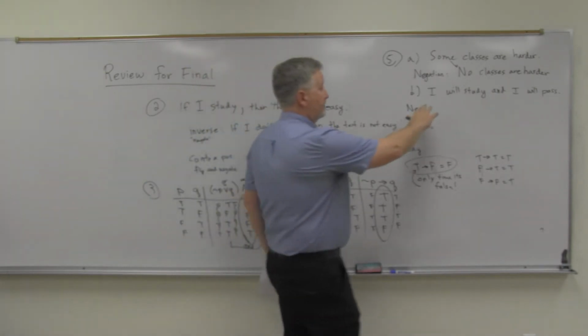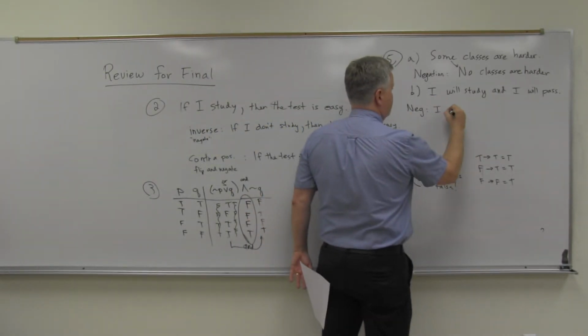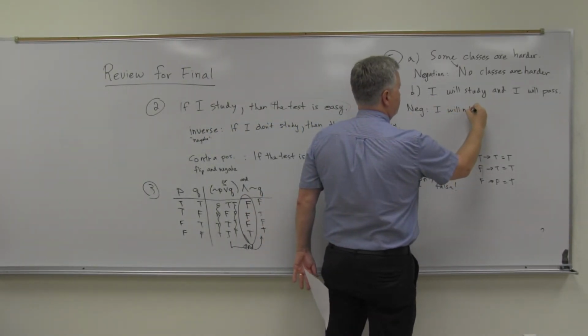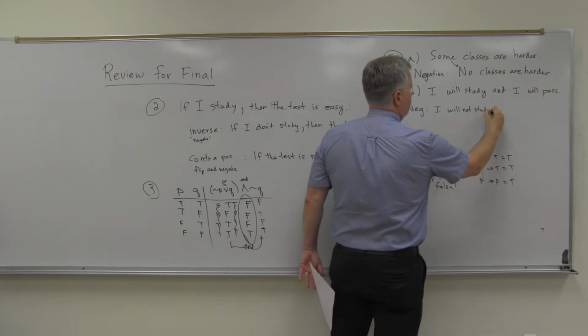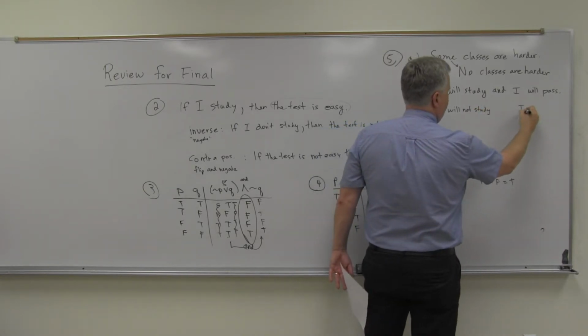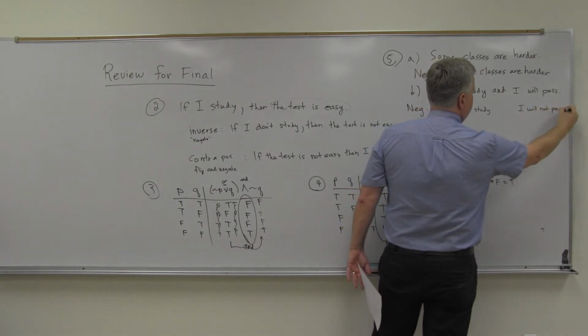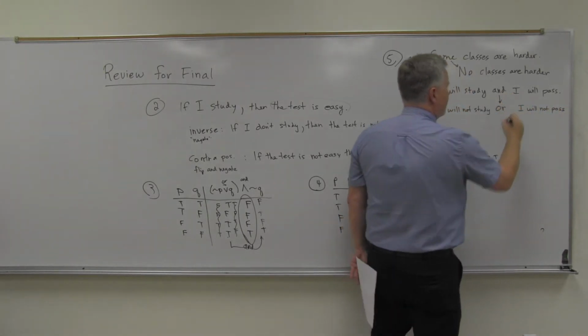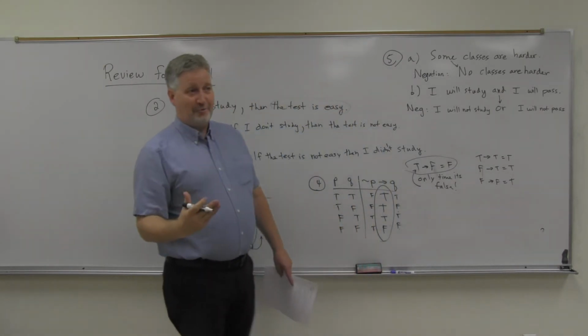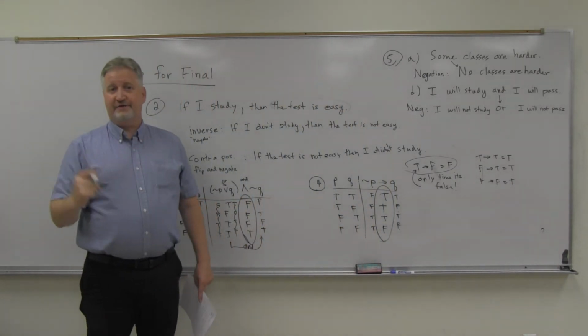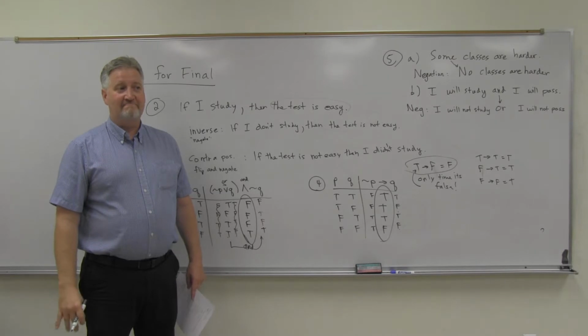Negate that, that is I will not study. Negate that one, I will not pass. But what's the other thing we do here? Yeah, the negation changes AND to OR, and vice versa, OR changes to AND. Remember that?